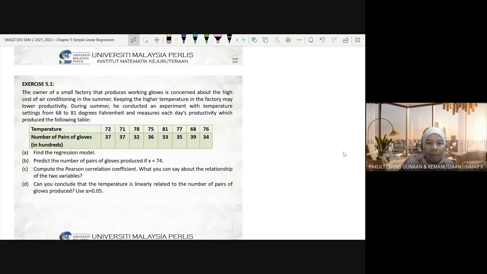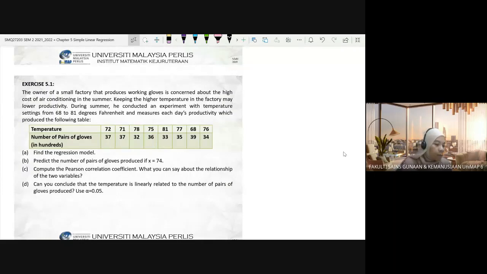The company wished to investigate whether keeping a higher or lower temperature will increase the production of gloves. So they took certain days of production and recorded some of the findings.